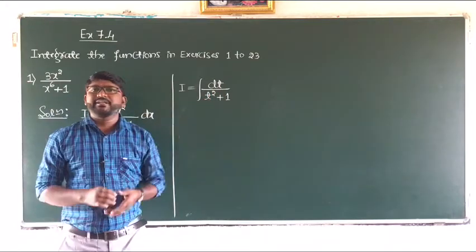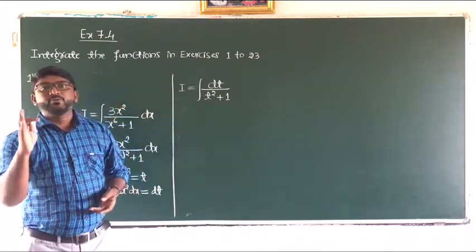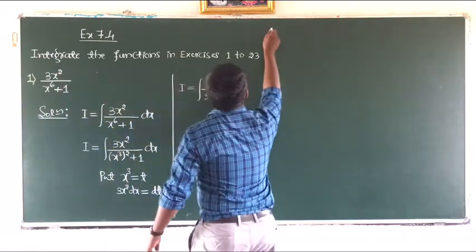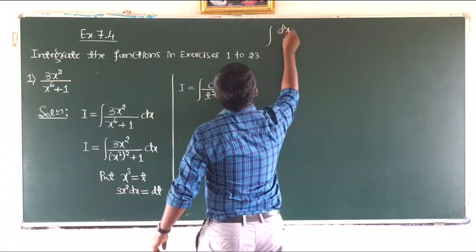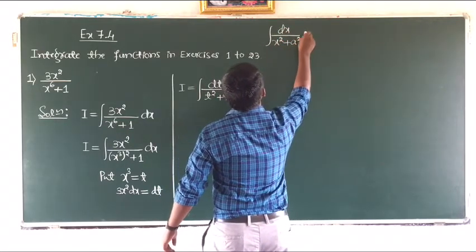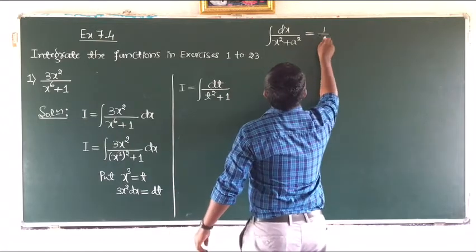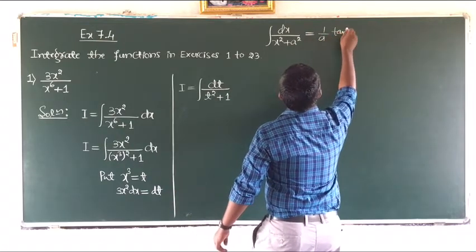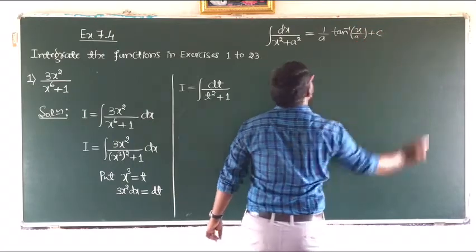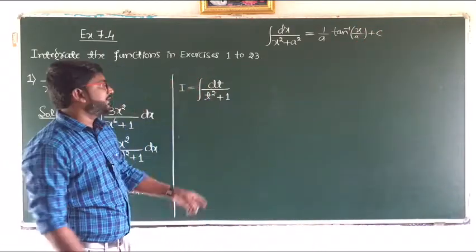What is the integral of dx by x square plus a square? It is 1 by a tan inverse x by a plus c. So we have to make use of the standard result.